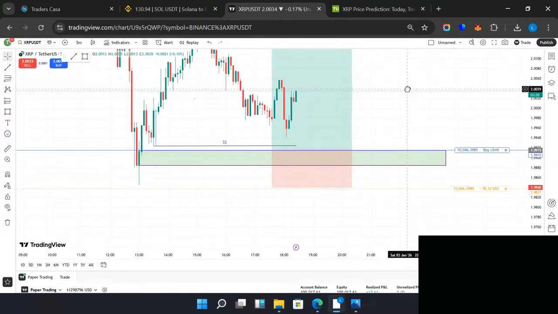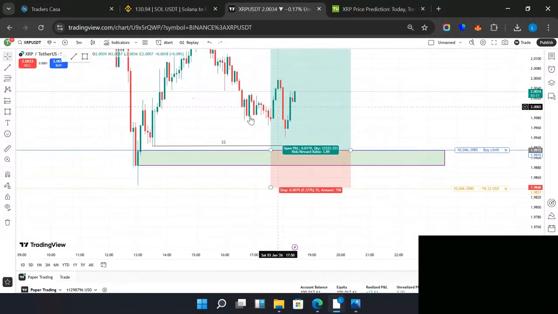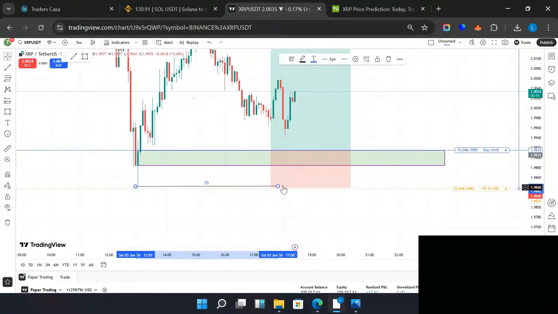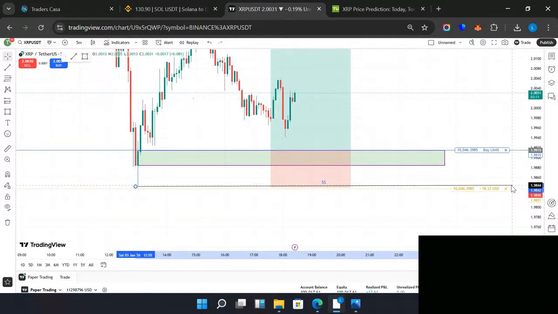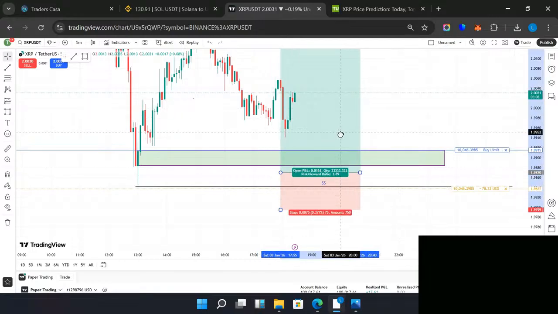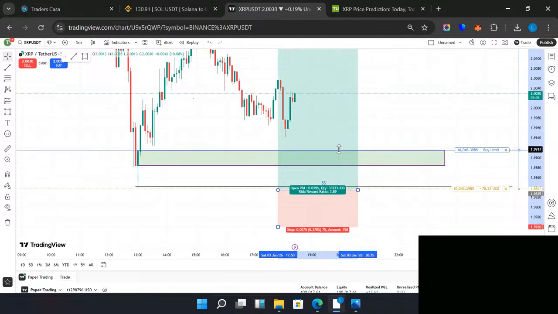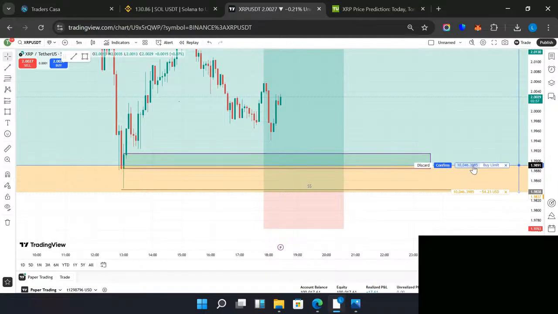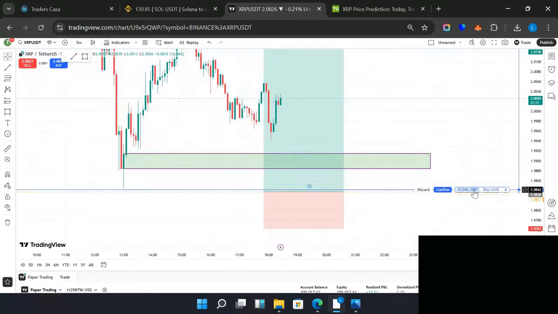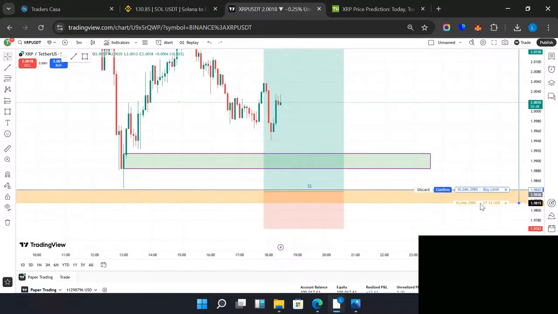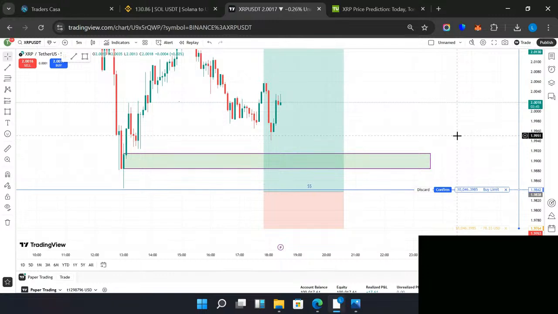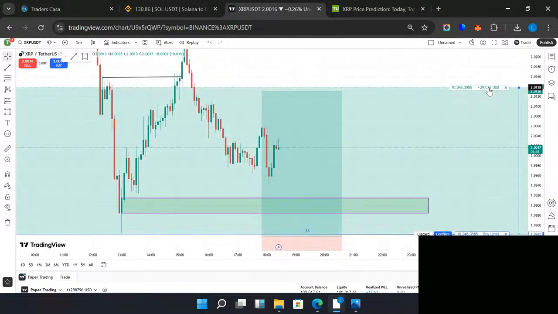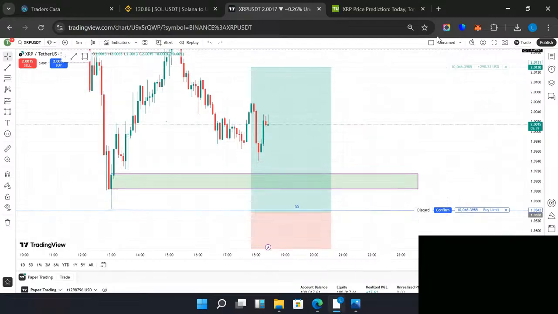So what I should do is, because I know price will sweep this, I know about it, what I should do is wait for the price to come at least here, shift my target, actually buy limit first of all, shift it to here, and then shift this to down here, and I shift this to here and confirm.